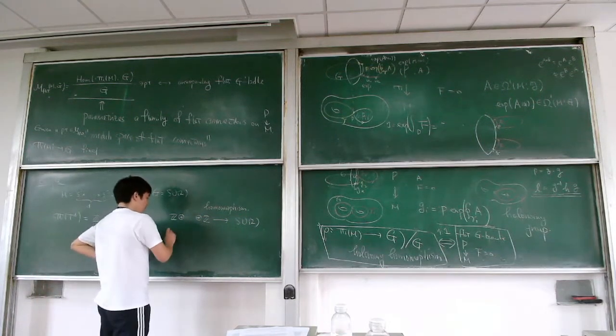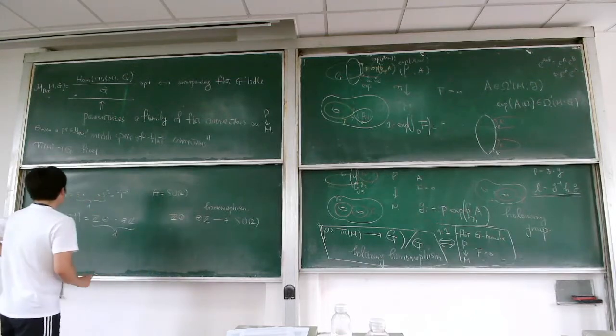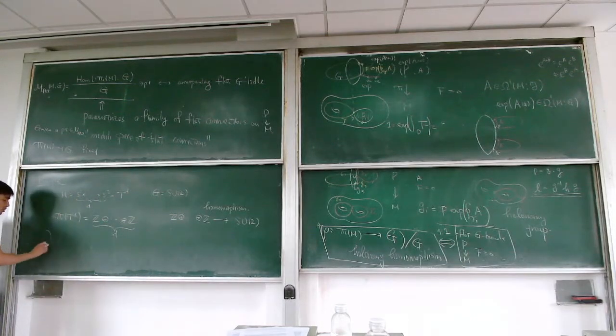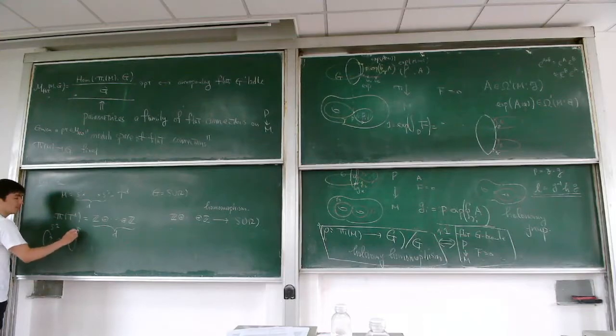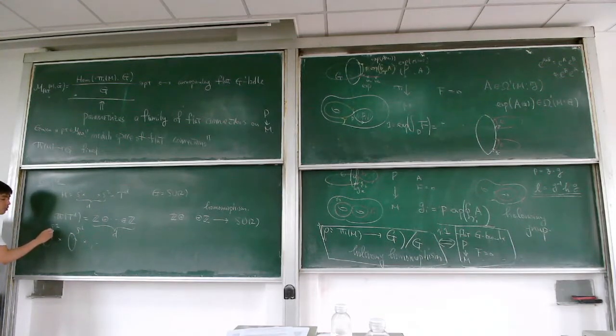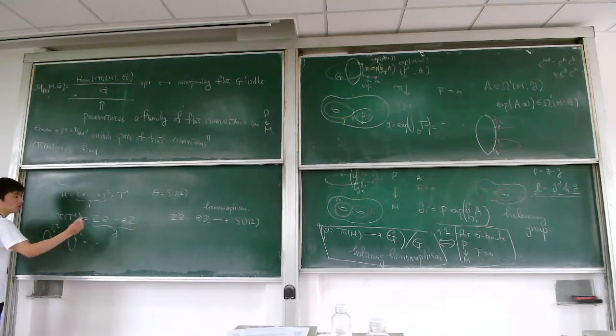Each element, I mean, it's just a bunch of circles. The circle is S1, and the generator of Z is just S1 itself. So I call it a bunch of circles S1 times S1, S1 1, S1 2, and so on.